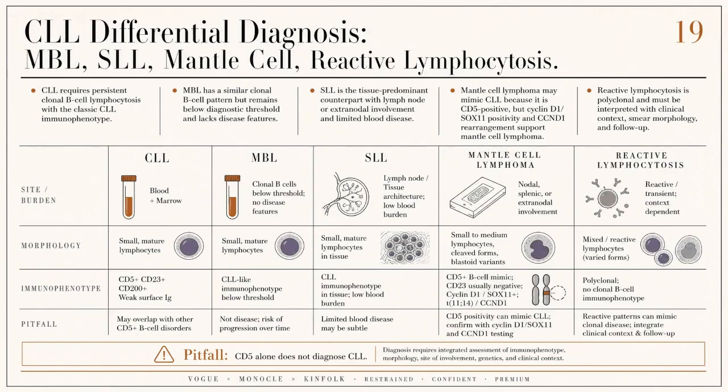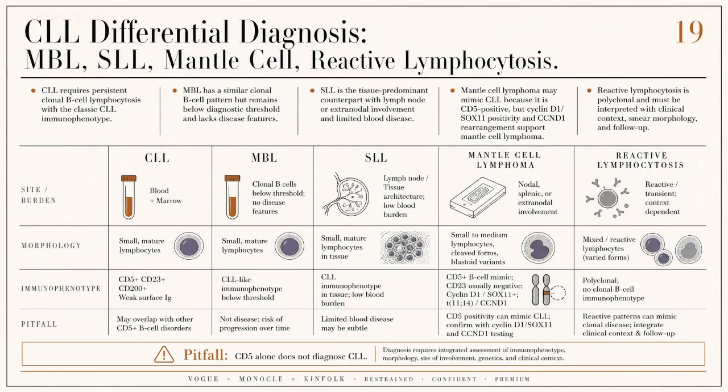Each of these conditions shares some morphological or immunophenotypic characteristics with CLL, but differs in clinical presentation, biological behavior, and genetic features. Recognizing these distinctions requires a comprehensive approach integrating morphology, immunophenotyping, cytogenetics, and clinical context.